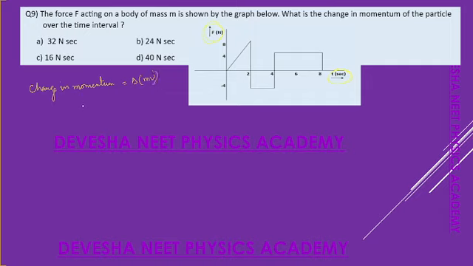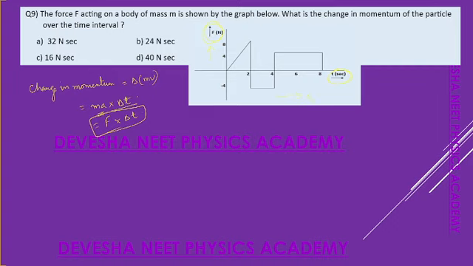Okay. So this is also equal to m a into delta t. Okay. So now in this case, we will find m a into delta t, right? This is equal to force into delta t. Okay. So this is given the force, and this is the t.